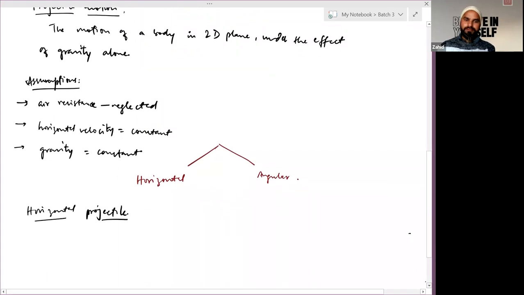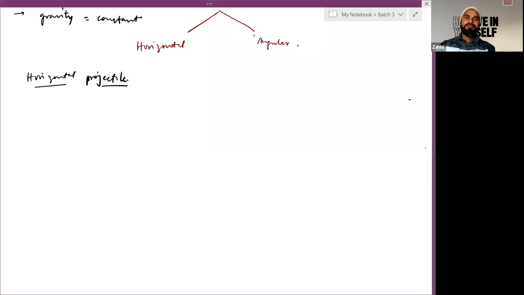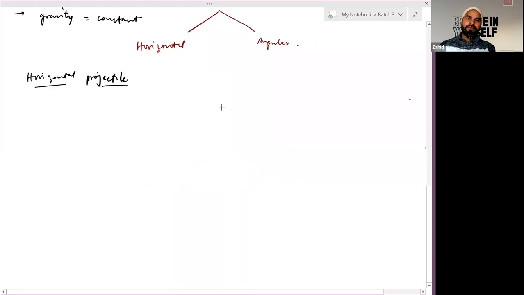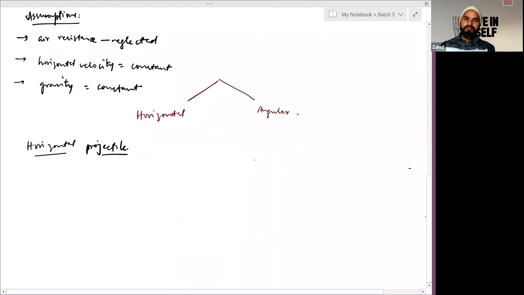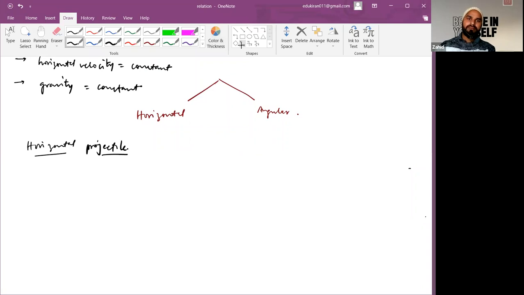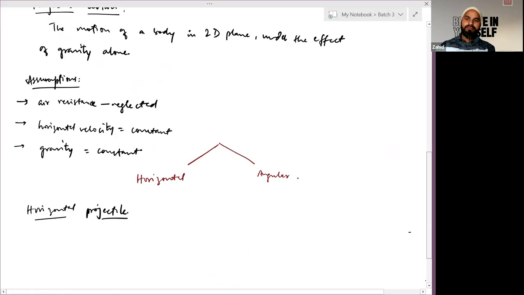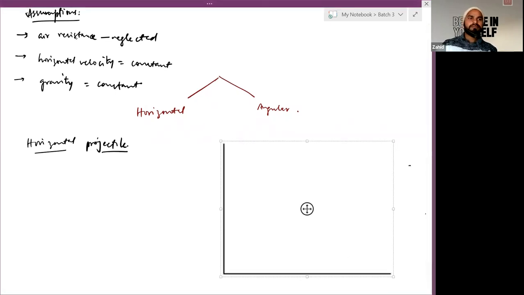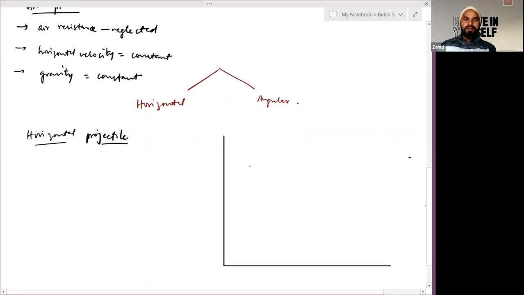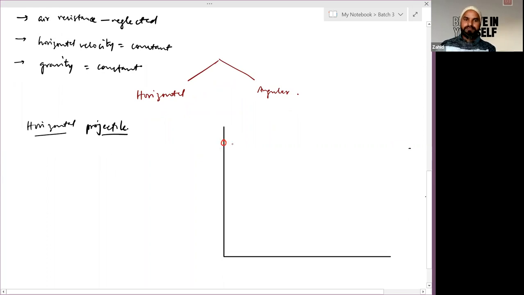Okay, so first is horizontal projectile. A body is projected from this point horizontally at some initial velocity u.